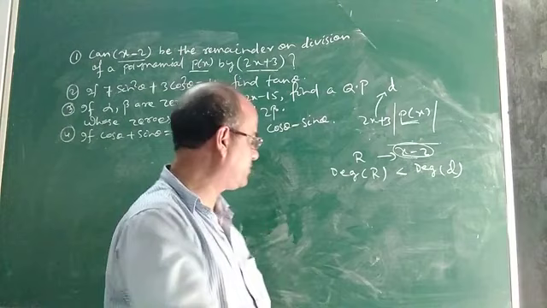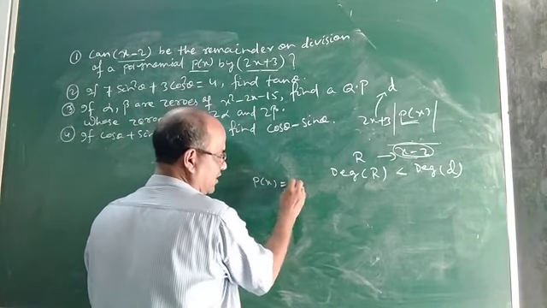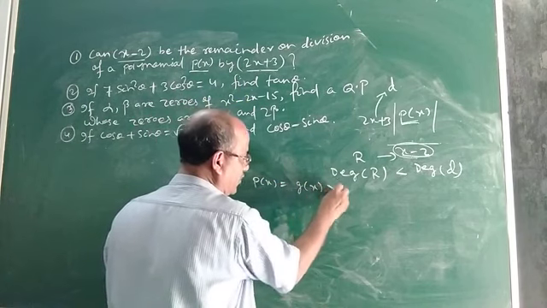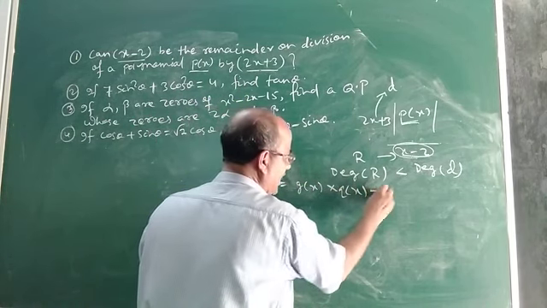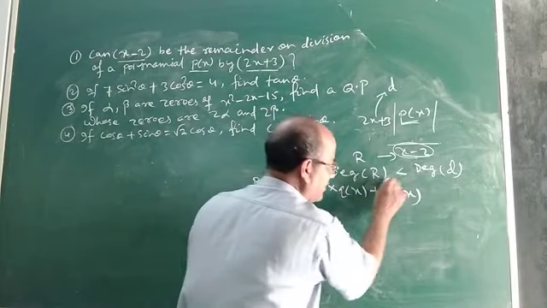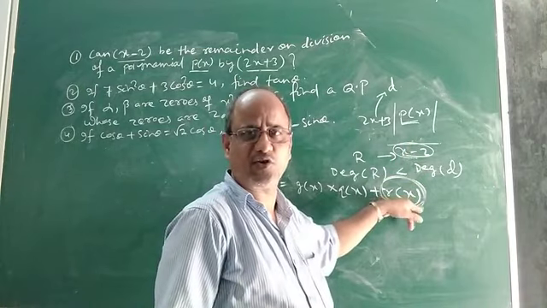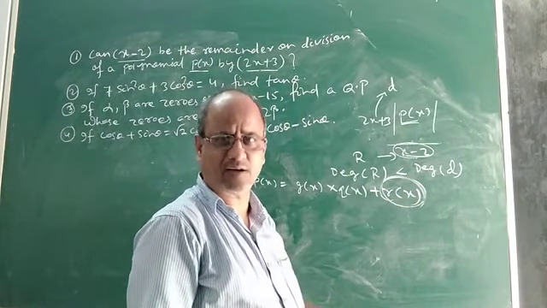Then only your division algorithm will be satisfied. What is the formula? You know, p of x equals g of x into q of x plus r of x. This is the formula for the division algorithm. The degree of the remainder will be either 0 or less than the degree of the divisor.